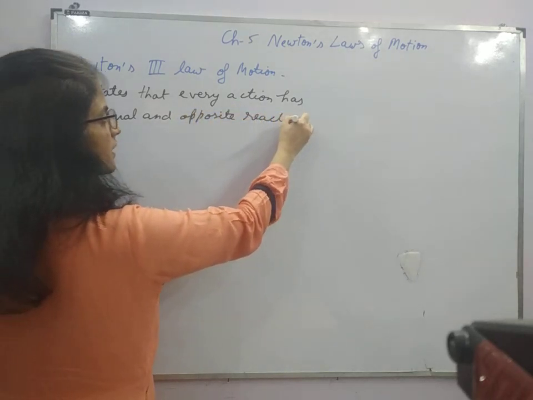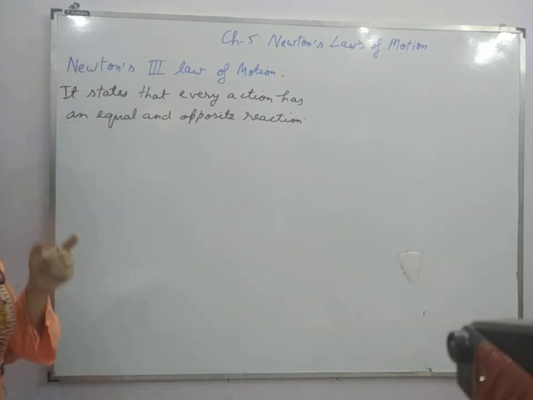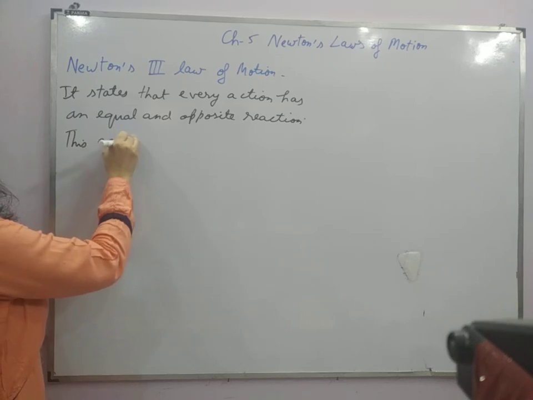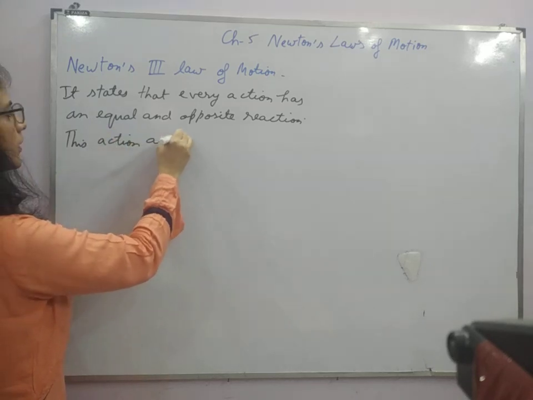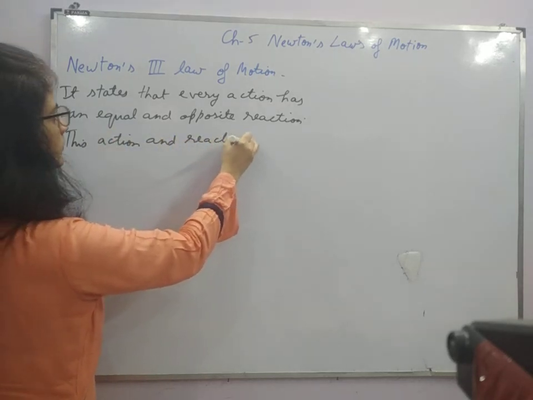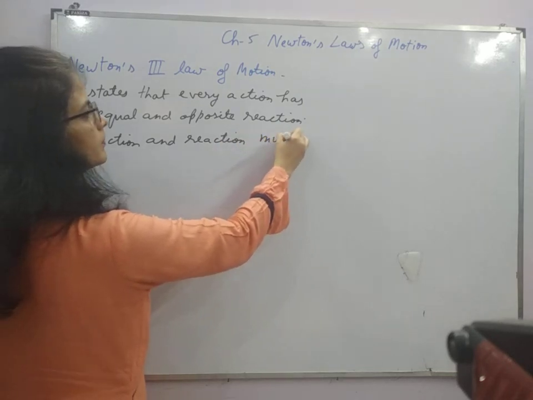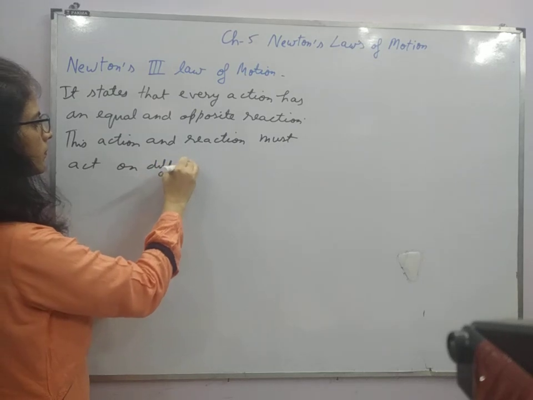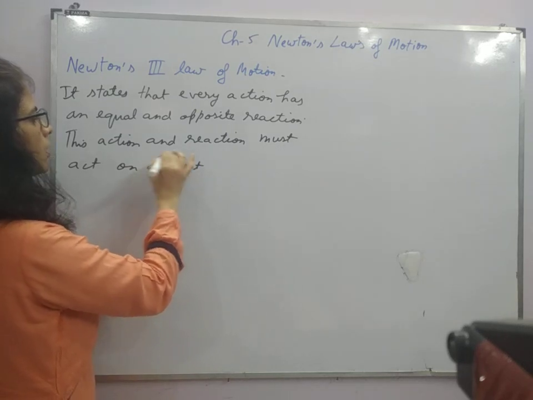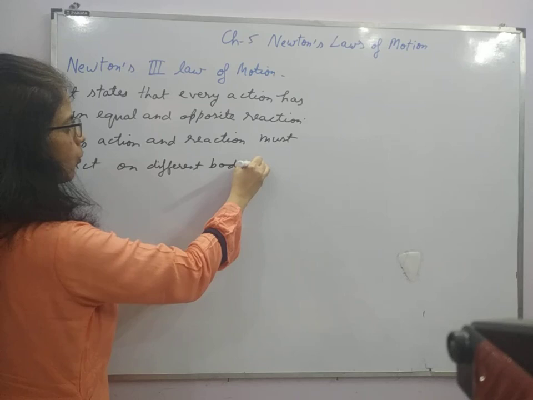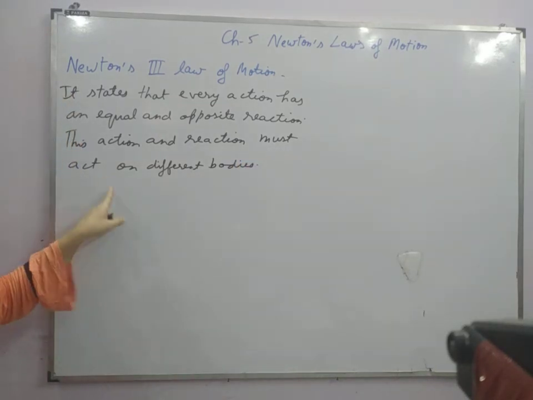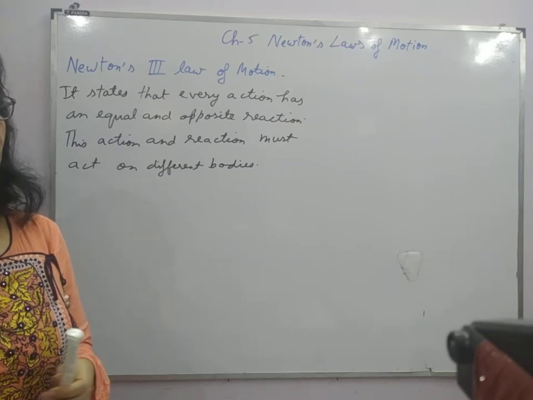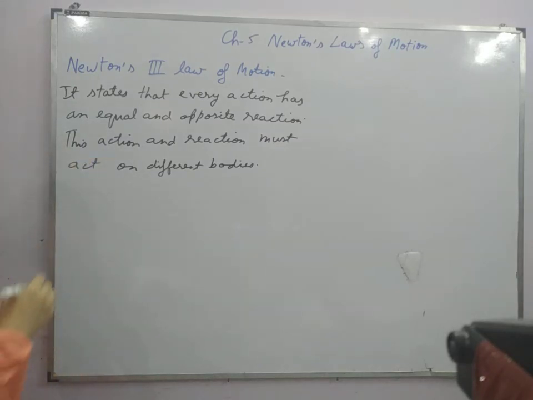And this action and reaction must act on different bodies. Why so? Because in case this action and reaction had acted on the same body, the net force on that body would have been zero. So this is a necessary condition.